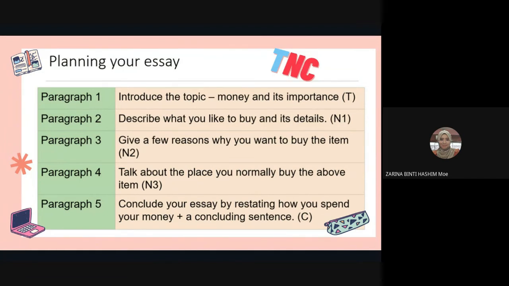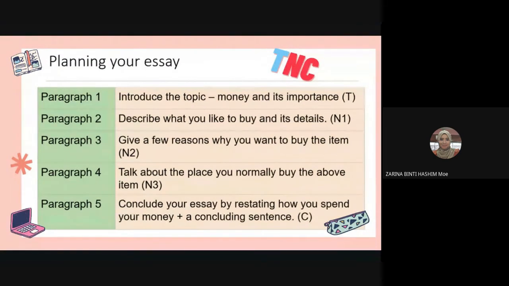Okay, paragraph 2. Here in paragraph 2, then only you start answering the question just now from the task. Remember what is the first question? Apa soalan yang pertama tadi? What do you want to buy? Kan? So describe what you like to buy and its details. Kena cerita sikit lah. Sebab satu main idea is in one paragraph.